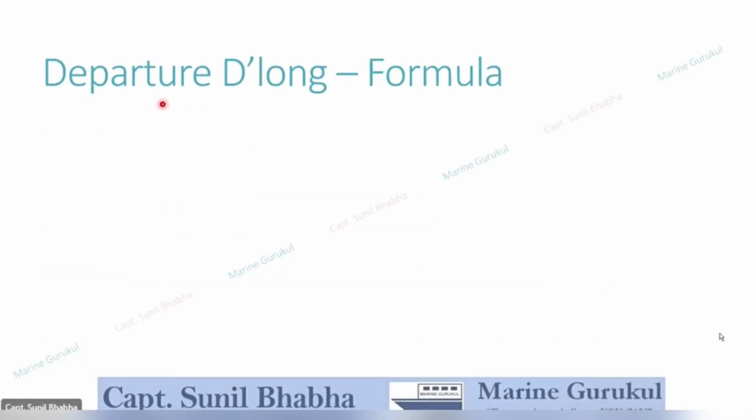Now, as we have seen that on a Mercator chart, the east-west distance is the departure between two places. When we make a small part of the Mercator chart on our answer sheet, you see on an actual Mercator chart, there are two different scales. We have the latitude scale and we have the longitude scale. Both of them are different from each other.